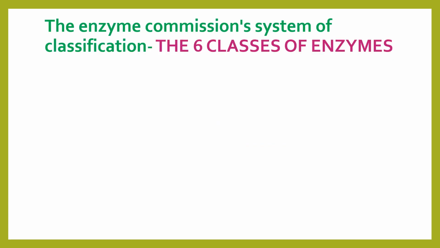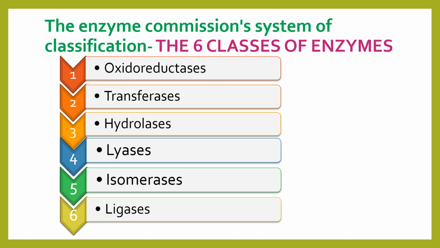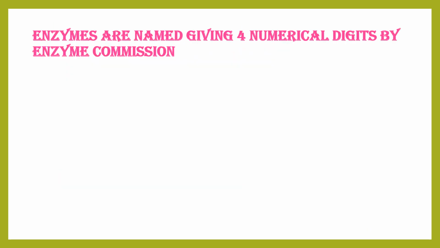The 6 main classes of enzymes include oxido-reductases, transferases, hydrolases, lyases, isomerases, and ligases. Enzymes are named by giving a 4-digit enzyme commission number.